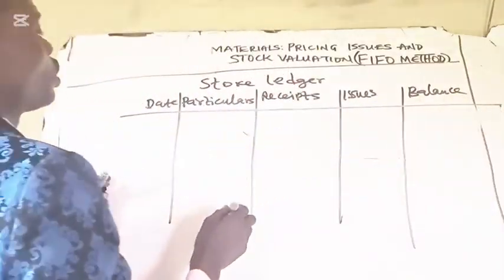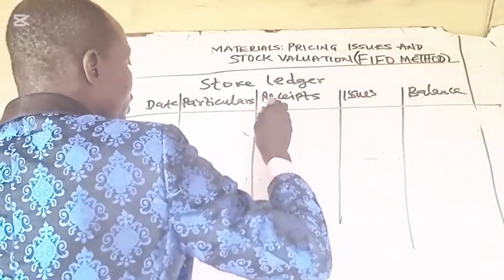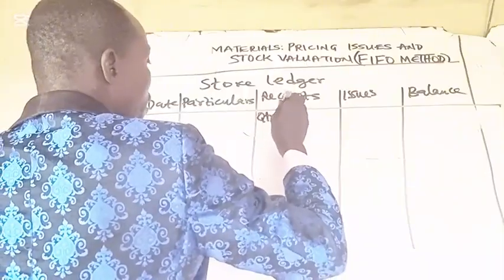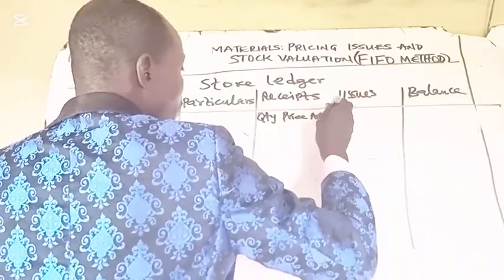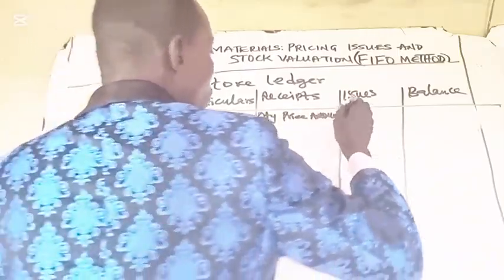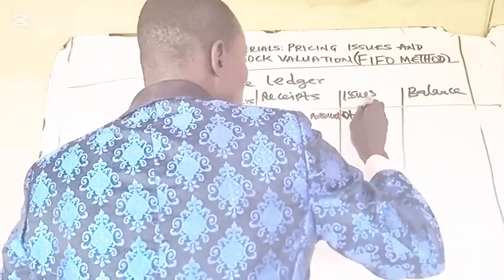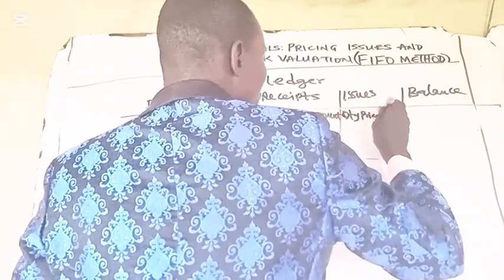Then in each of the receipts and issues columns, you have a column for quantity, price, and amount or value.